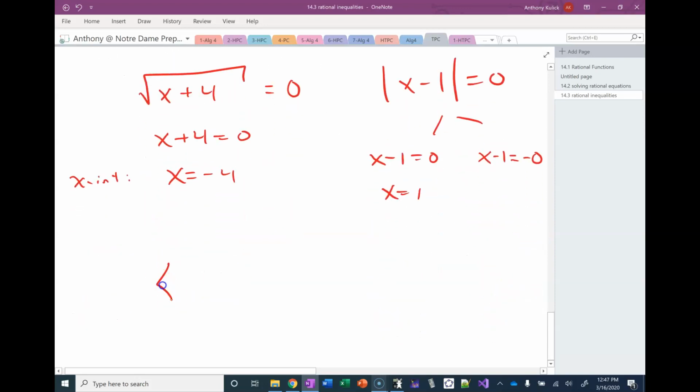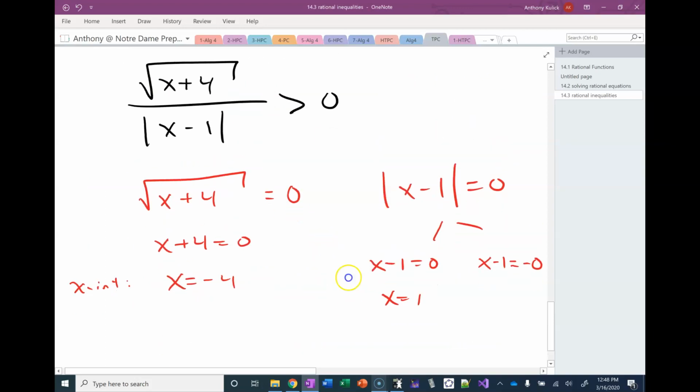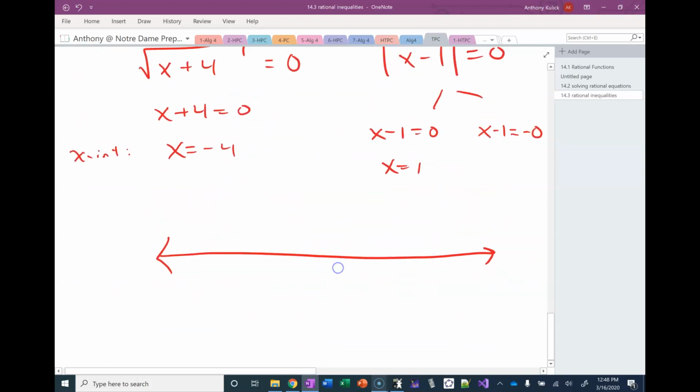So those are going to be my places that I have to worry about. Again, since we are a strict greater than, I don't have to worry about the circles. They're both going to be open. The only chance that they could be closed is when you have an or equal to inequality, and the only ones that will be closed are the zeros, the x-intercepts.